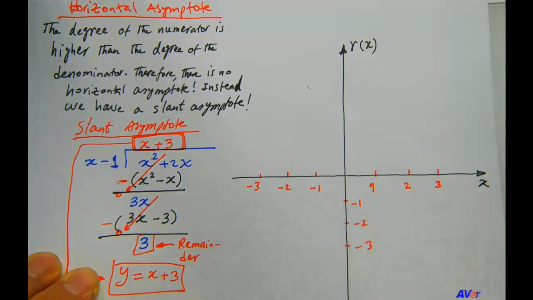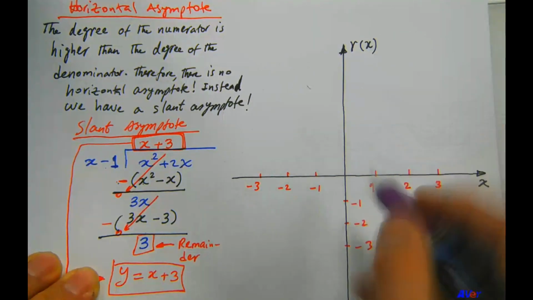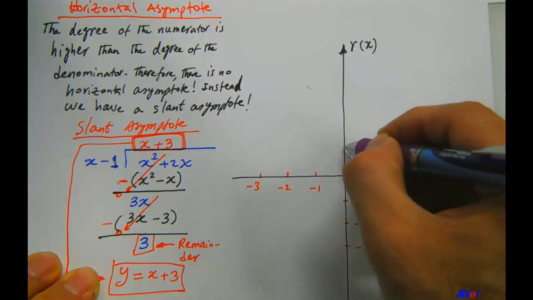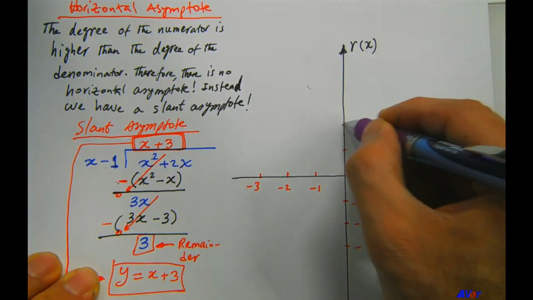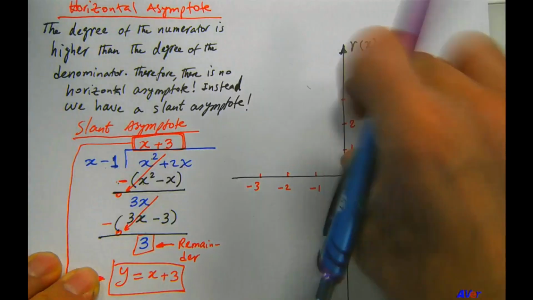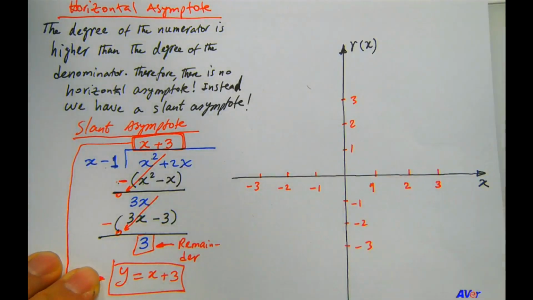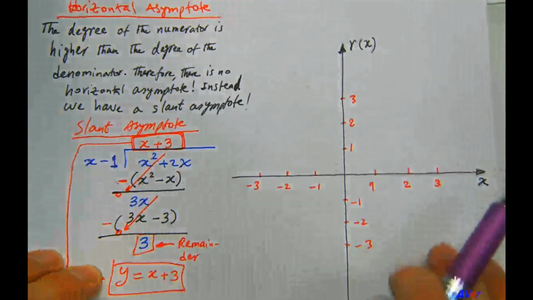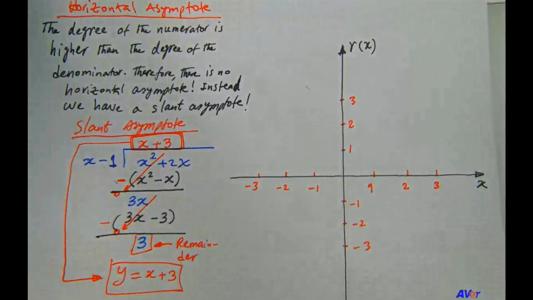My increments are not perfect, so I'm off here. These all should be the same length, but they're not. I know they're not. Okay, so given these increments, let's first plot our asymptotes.